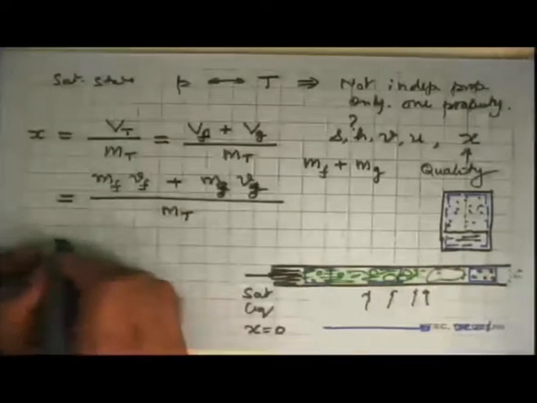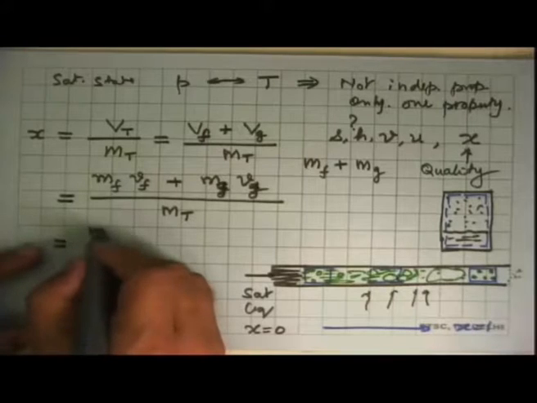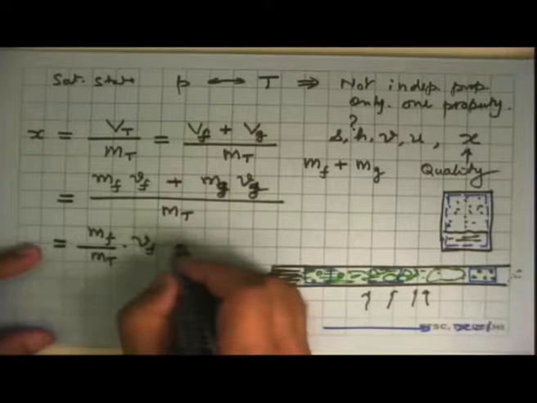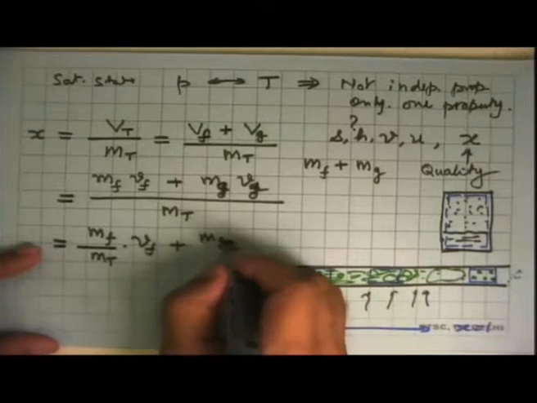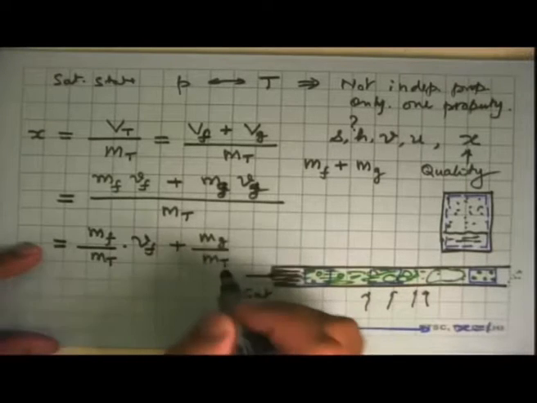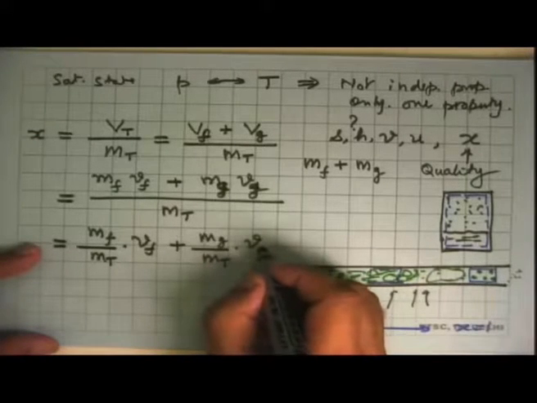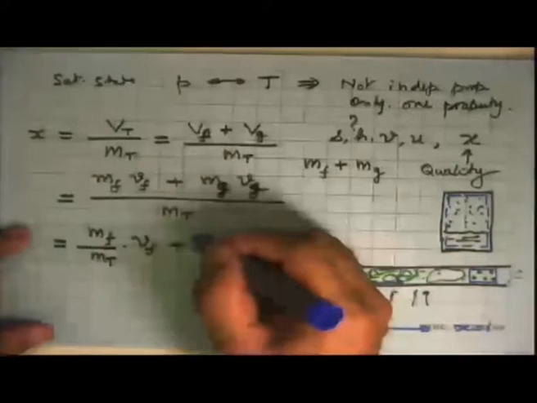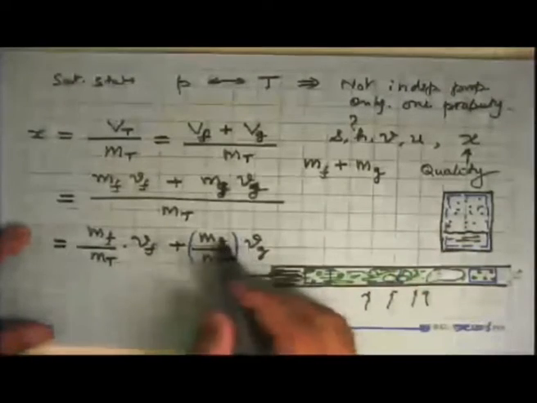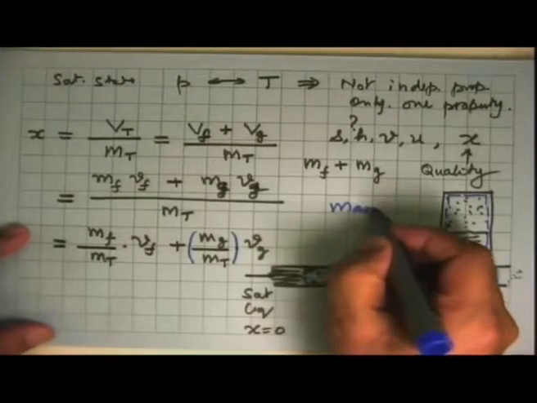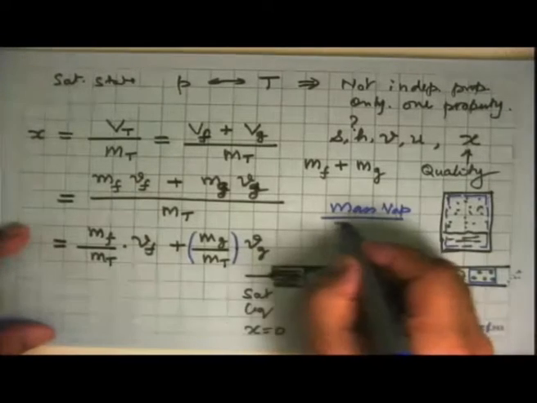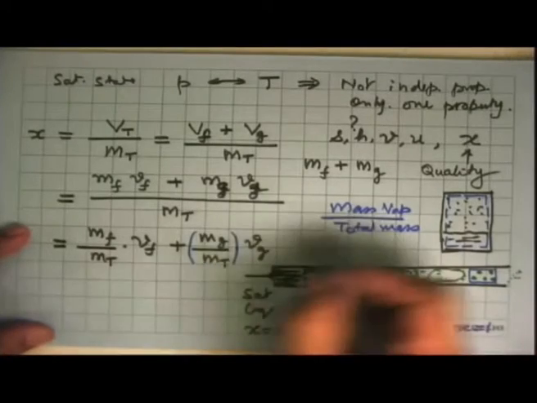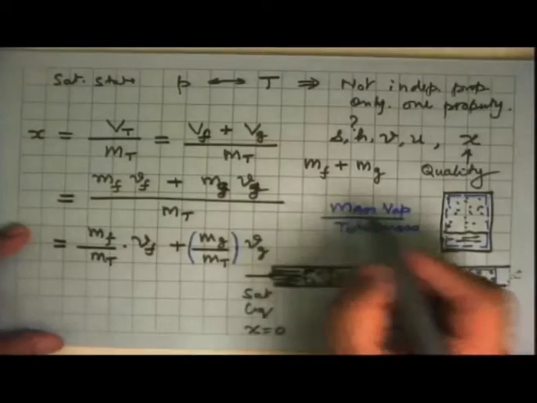And then we can break this up: this is the mass of the fluid, which is the liquid, divided by the total mass, multiplied by the specific volume of the liquid, plus the mass of the vapor divided by the total mass of the mixture, multiplied by the specific volume of the vapor. And here we define this property, that this ratio, the mass of vapor divided by the total mass, is our dryness fraction.